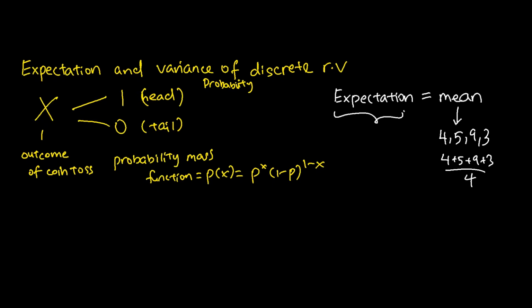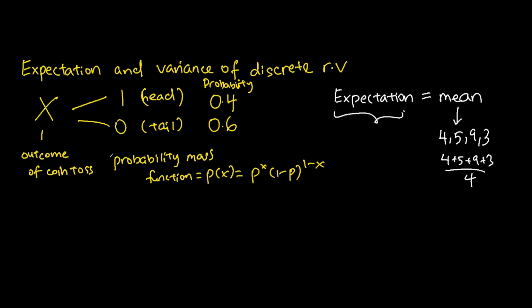We assign the probability of getting a head to be 0.4 and the probability of getting a tail to be 0.6. So this is not a fair coin toss. It is biased towards the outcome of getting a tail.